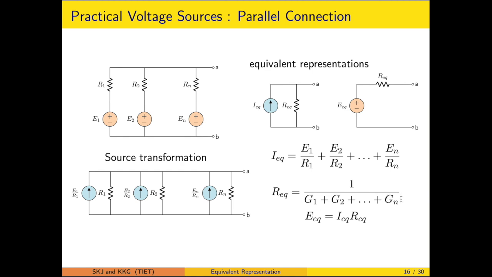The reciprocal of the conductance is the resistance, so that resistance value is calculated, and ultimately we can translate this into a practical equivalent voltage source. That is E_EQ and R_EQ, and how this is to be calculated, that procedure is listed out.